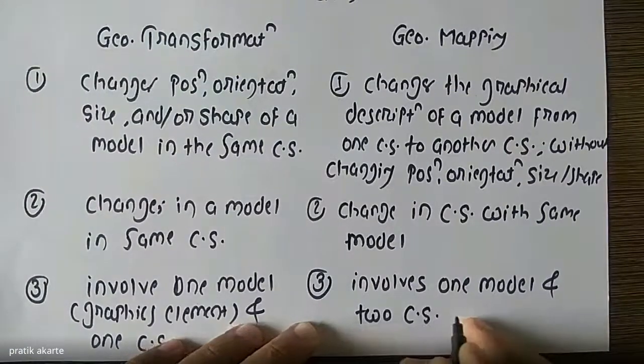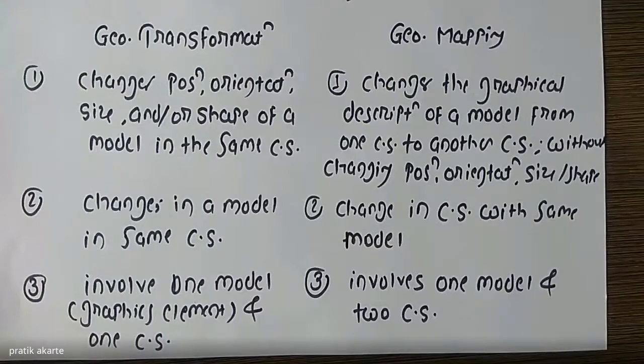Why two? Because in geometric mapping we are changing the graphical description of a model from one coordinate system to another coordinate system.